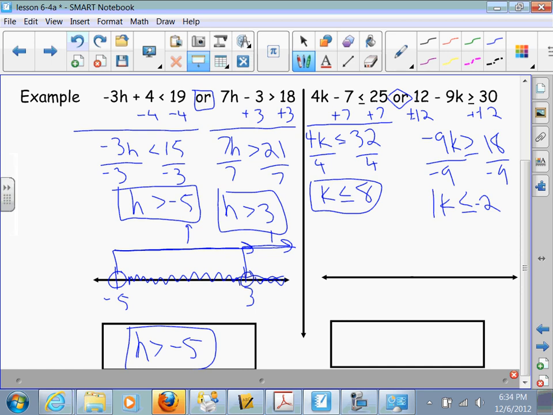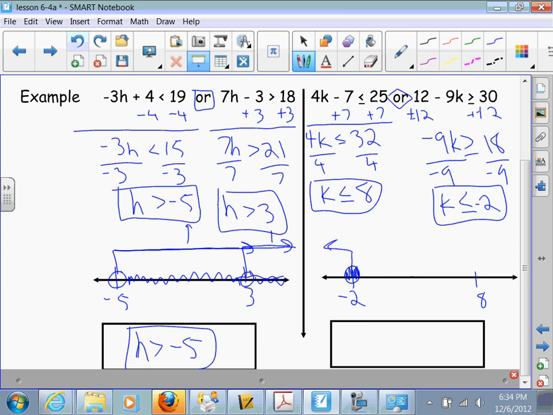So these are my 2 inequalities that I graph. Negative 2 is my low number, 8 is my high number. I have k is less than or equal to negative 2, so that is a closed circle, and I'm graphing things to the left.